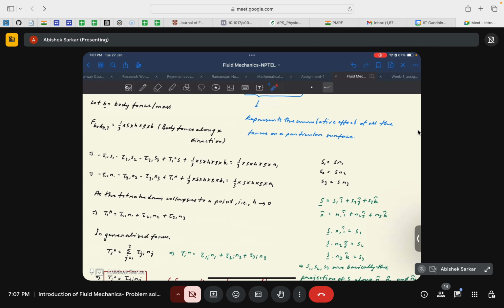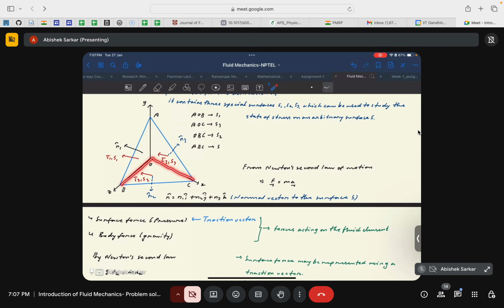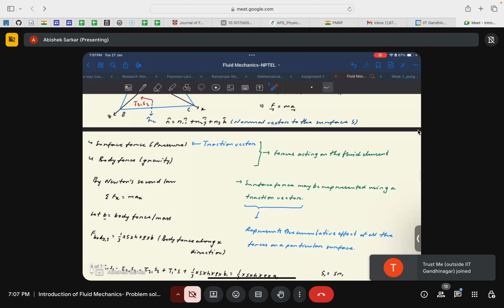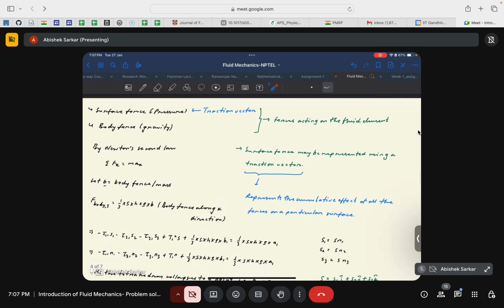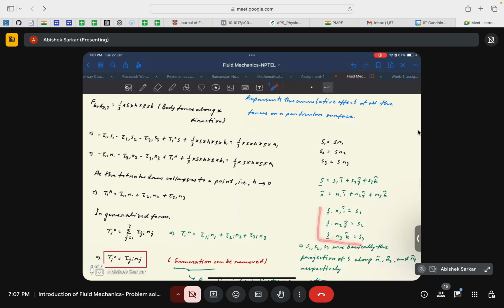So if I go back to the diagram, you will see that the projection of S on the xz plane is basically S2. So S times n2 will give you the projection of the surface S on the surface whose normal vector is n2 cap. Okay, and similar analogies can be made for other surfaces as well.